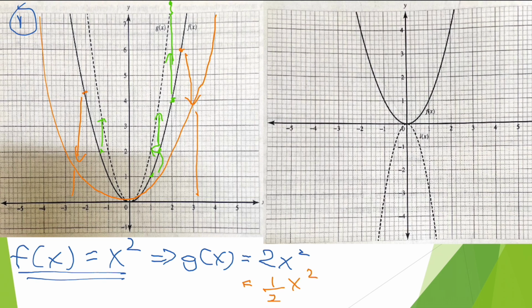And for the second case here, whenever you have a negative sign in front of the x squared, it says that you reflect it over the x-axis. But you not only reflect, you also compress or expand it as required, and then you reflect. So over here, the new graph g of x, or i of x as they state, is negative 3x squared, which means every point is now 3 times farther away from the x-axis.